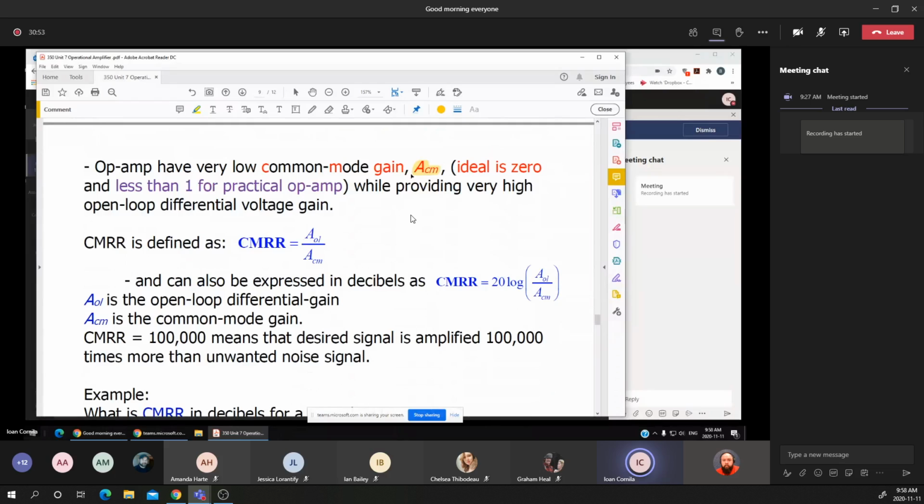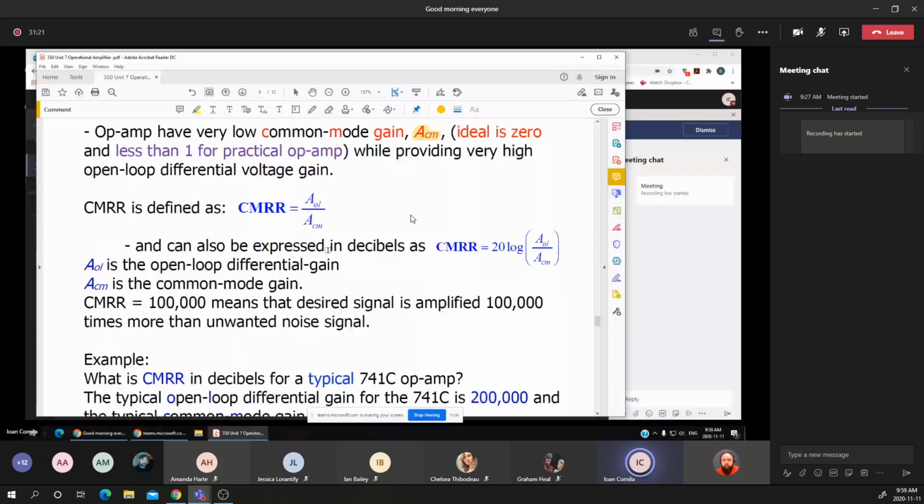The other important parameter is the ACM, the gain in the common mode. Ideally, it should be 0 because we don't want to amplify the common mode signal, or the differential amplifier that amplifies the common mode signal.